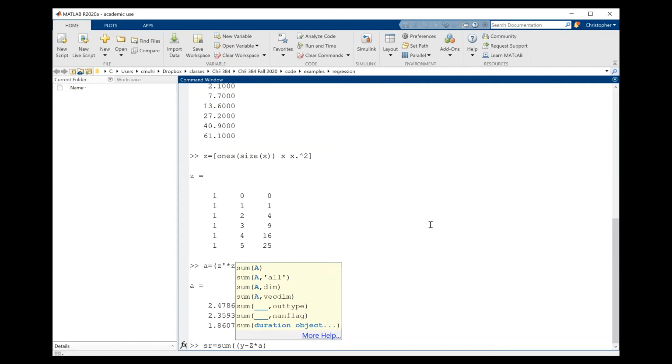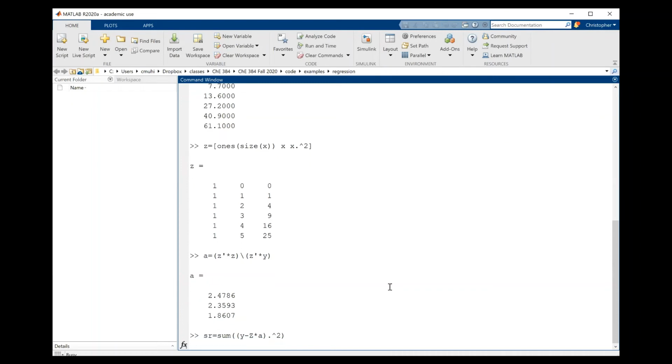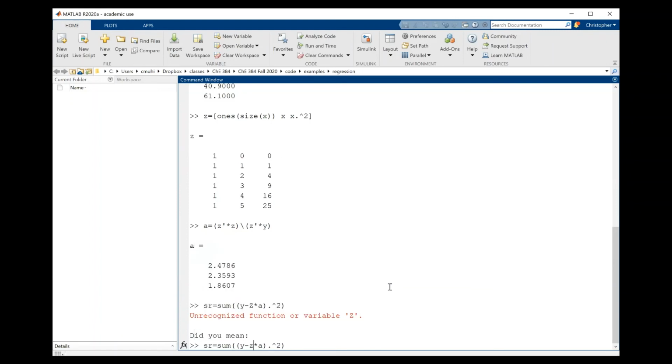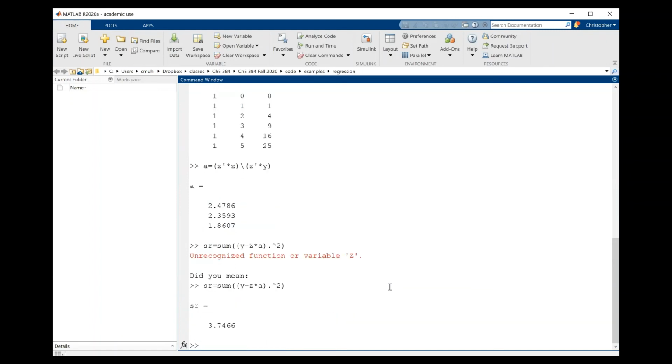So we can get that by using the z matrix times our a's, right? That's how we formulated that equation originally. Now we need to square that difference for that sum. So we need to do this one element by element. We've got that dot caret in there, ready to go. Hit enter. Make sure that we use lowercase, and we have our SR. Right? That's how much error we have in this value.